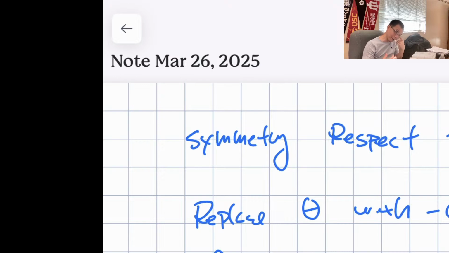Before, we didn't have anything with respect to the x-axis. We had respect to the y-axis and respect to the origin, the only two in terms of even and odd functions.